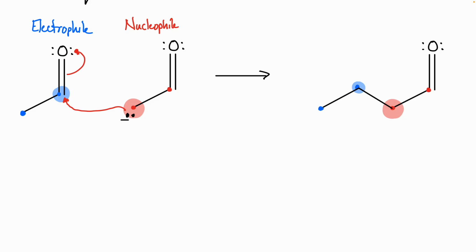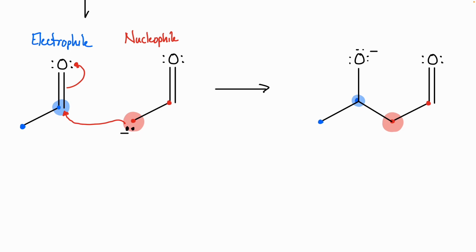All right. And what else do I need to make sure to include here? What am I missing? My oxygen. I've broken that carbon-oxygen pi bond, but I still have this carbon-oxygen single bond. And not only that, but that oxygen has accepted that pair of electrons, so it has that negative charge.